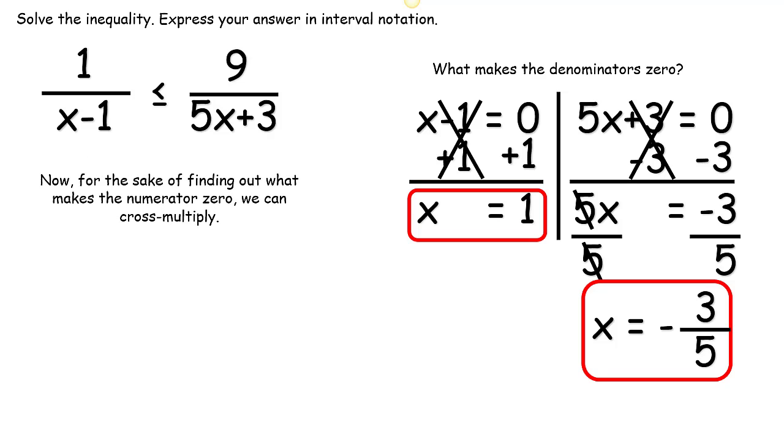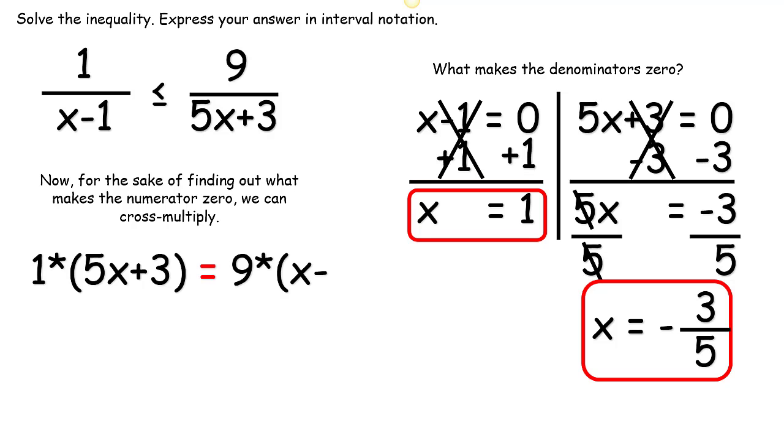Now we're going to find out what makes the numerator 0, and we can do that by doing the cross multiplication here. So we're going to take 1 times 5x plus 3, and I'm going to put in equals. I put it in red there to emphasize that I'm temporarily just saying equals because I'm trying to find the x that makes it 0. So that's why I've temporarily shifted here to equals.